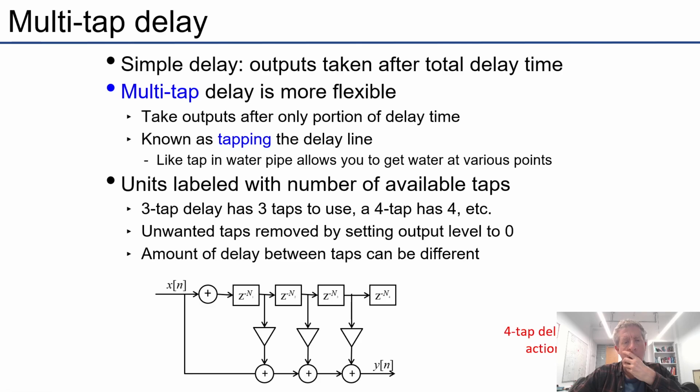Multi-tap delay is what's used for chorus and quite a few other effects, and it simply involves having more than one delay.